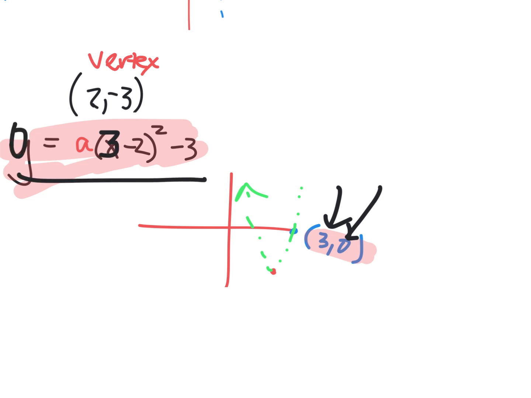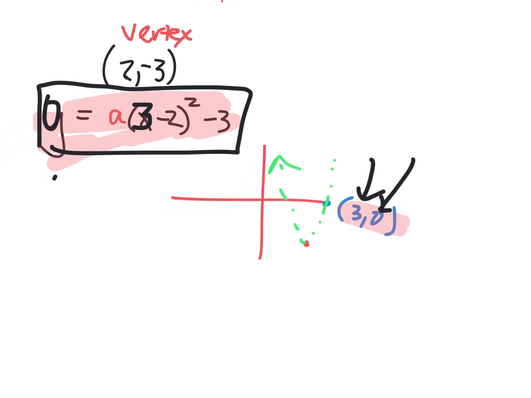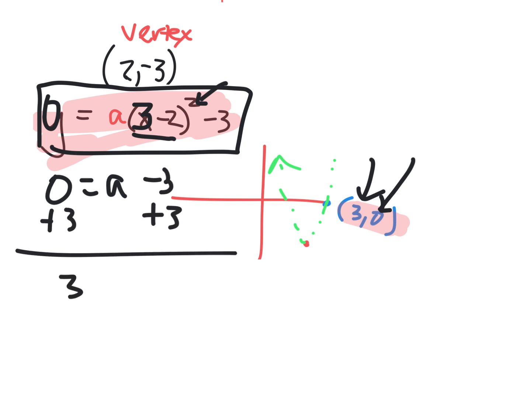And this equation has so many numbers in it, but it's also got the a, so you can solve for a. 0 equals 3 minus 2 is 1, 1 squared is 1, and 1 times a is just a. Minus 3. And I'm adding 3 to both sides, and I know that 3 equals a, and so a is 3.